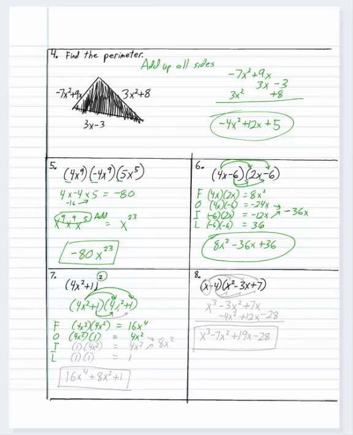Then 1 times 4x squared, which is 4x squared. Then finally, 1 times 1 is 1. And again, the middle terms can combine to give you 8x squared. So altogether, we have 16x^4 plus 8x^2 plus 1.